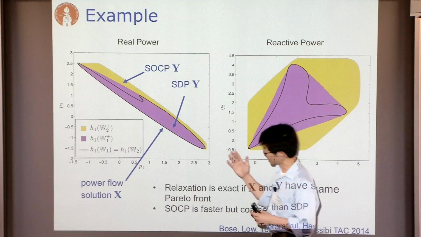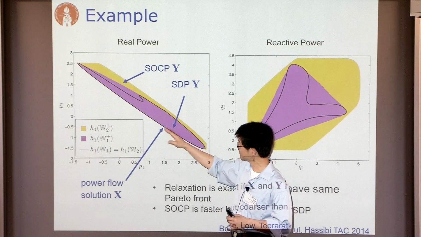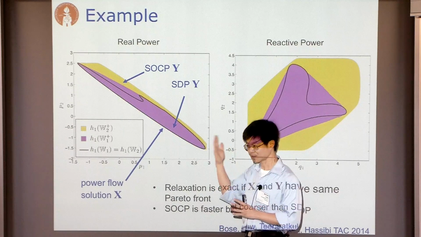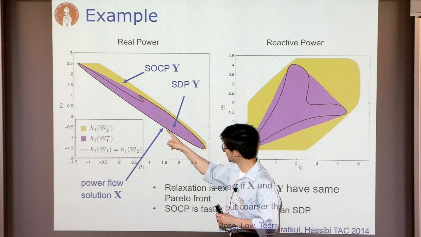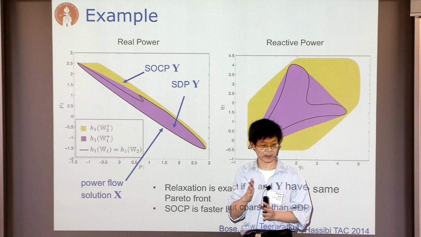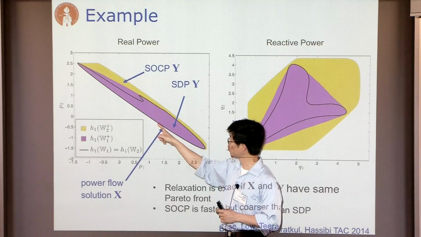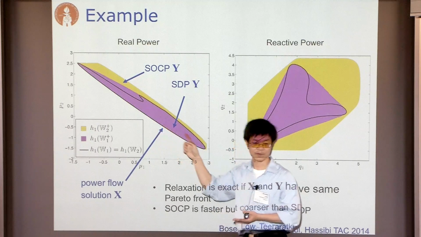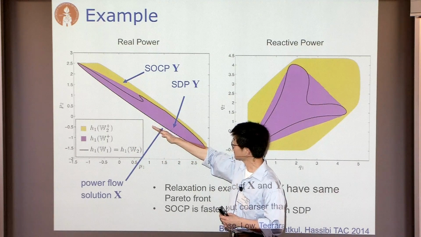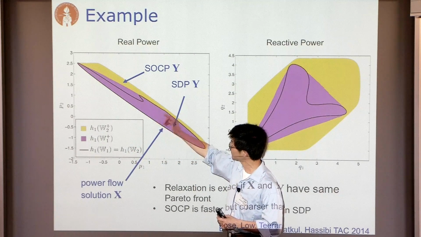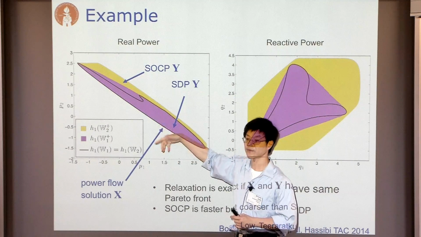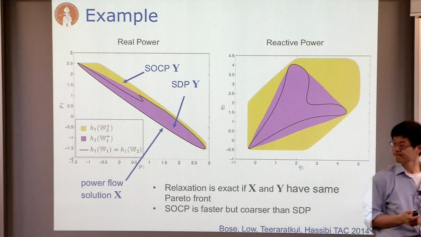And when it is exact, in this particular example, which is a mesh network, it turns out the boundary of the purple region, the SDP feasible set, coincides with this black curve, the original feasible set. And therefore, if the cost function has the level sets shown here, then when you minimize over the purple region, the SDP relaxation, you will get an optimal point that lies on the black curve, and therefore you get an optimal solution.